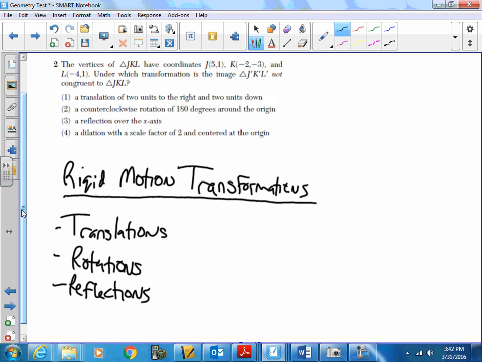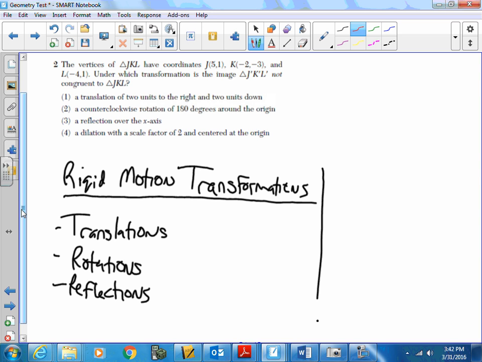Those are 3 I remember off the top of my head. If you remember another one, let me know. But the main thing to remember is what is not a rigid motion transformation? Not, which means size and shape is not preserved, or distance is not preserved. The distance between each point does not stay the same.